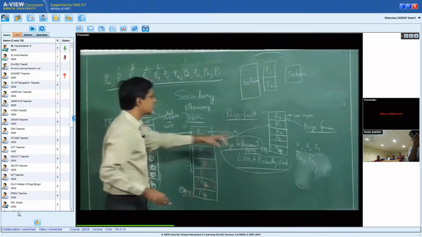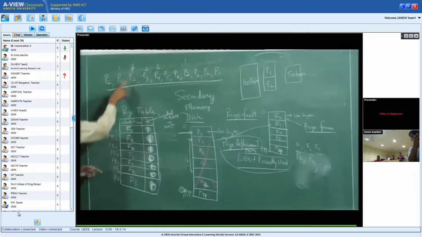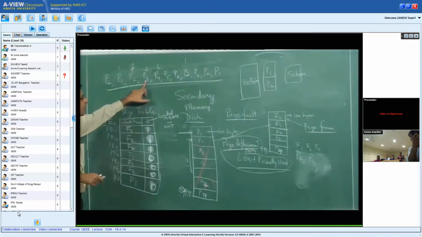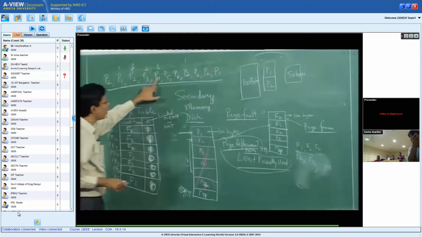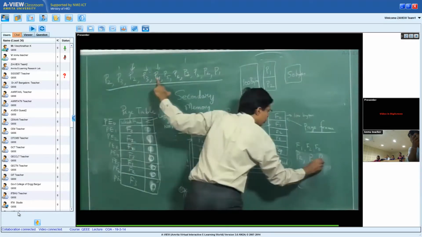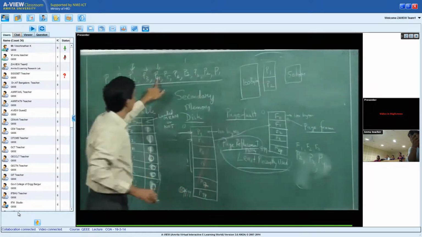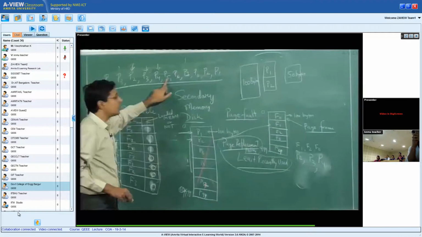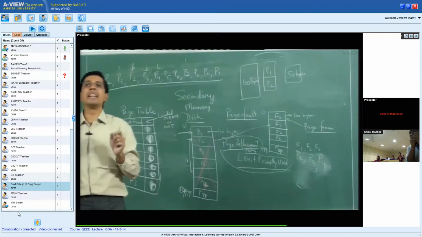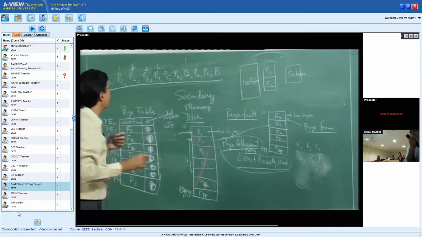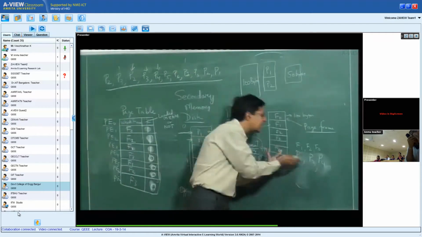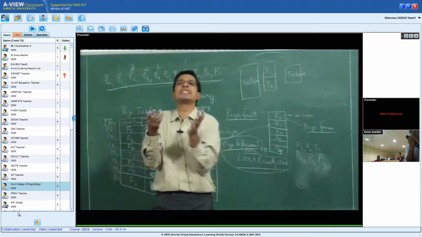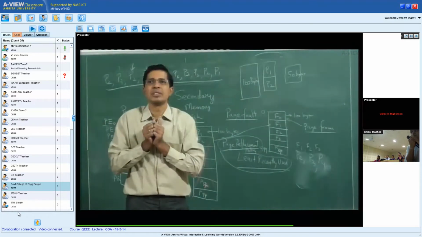Now let us look at the sequence. Page 2 is actually available there, no page fault here. Page 3 is available here, no page fault. Page 4 is not available, I am loading page 4 here. Now page 5 comes in, right? This is where I am going to do page replacement. So a page replacement action is initiated because there is a page fault, okay?